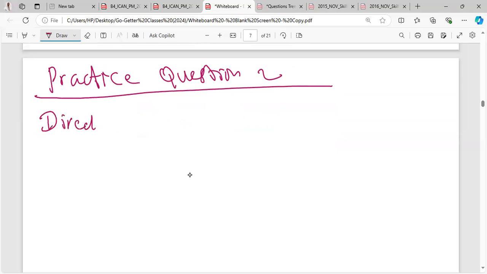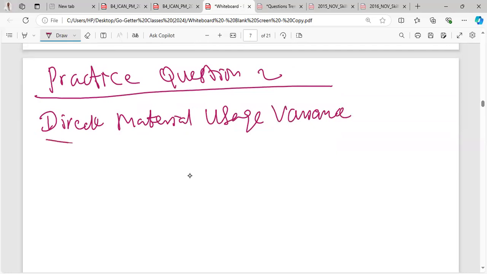Direct material usage variance. This is not asked, it is not required, but sometimes in an exam question you need to calculate this and then it says break it down.